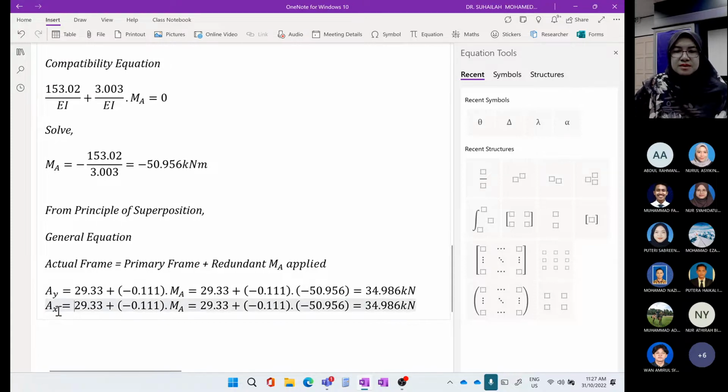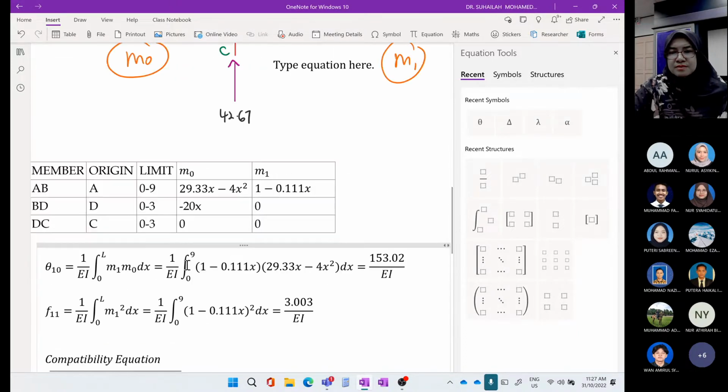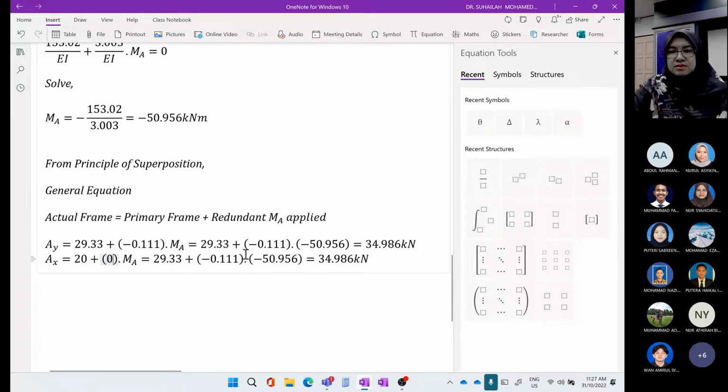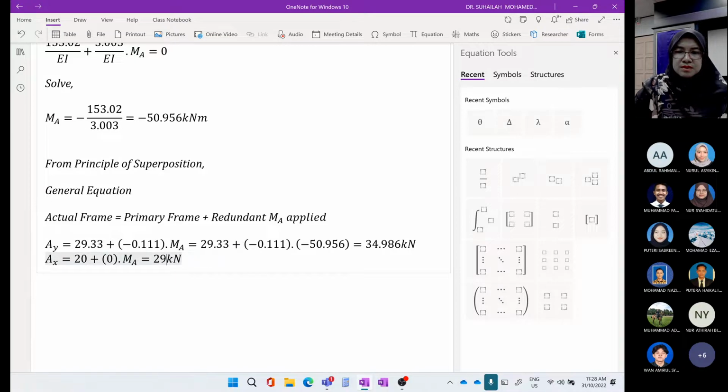AX: 20 plus ada ke? 0 kan? So this one is 0. Okay, 0. So it will remain 0 lah. 0 pula 20 lah kan? So it become 20. Okay. CY.